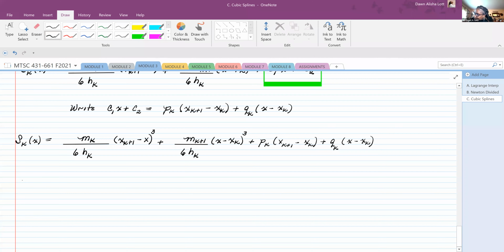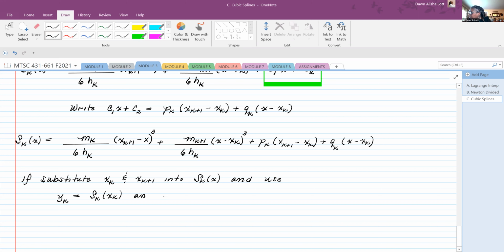So now if we substitute x_k and x_{k+1} into S_k of x, and use the fact that y_k is equal to S_k of x_k and y_{k+1} is equal to S_k of x_{k+1}, then we get something really nice.